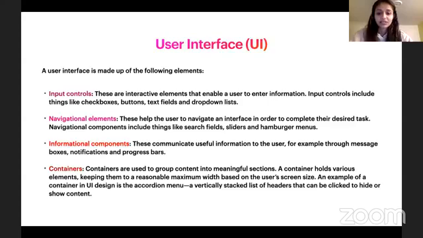That includes search fields, sliders, and hamburger menus. Informational components communicate useful information to the user, for example, message boxes, notifications, and progress bars. And containers are basically, for example, a vertically stacked list of headers that can be clicked to hide or show content.